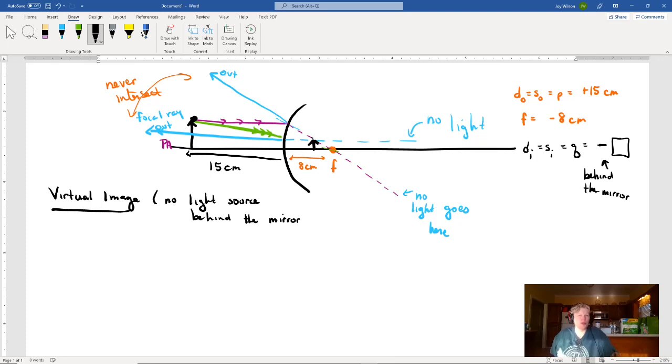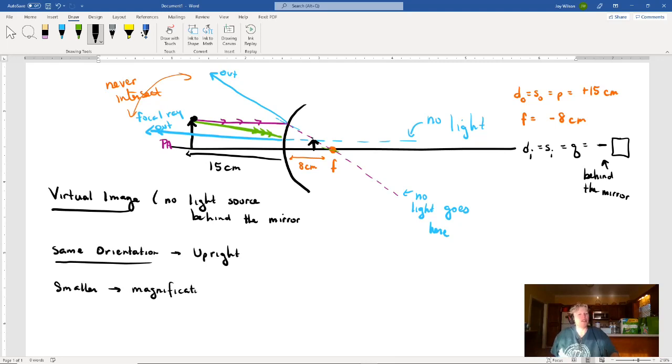So it's virtual. We can see from the picture that the orientation has the same orientation, which we would call upright. It is smaller. And we can see the magnification.